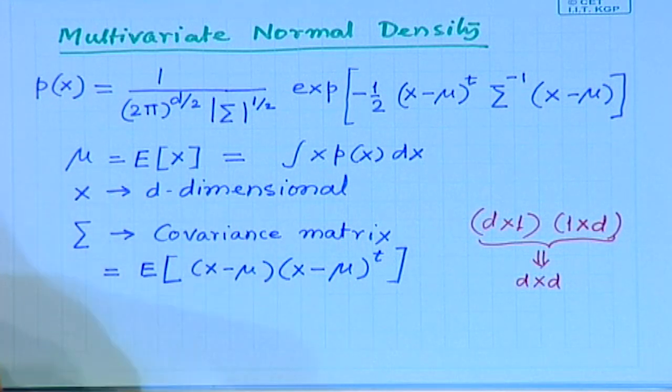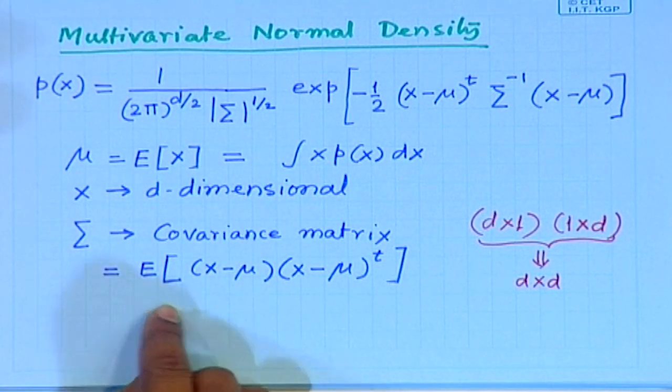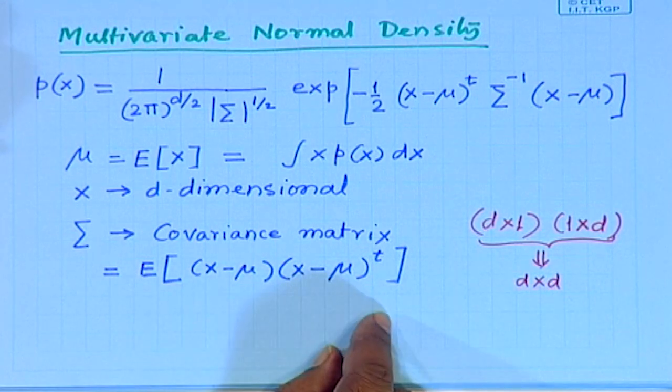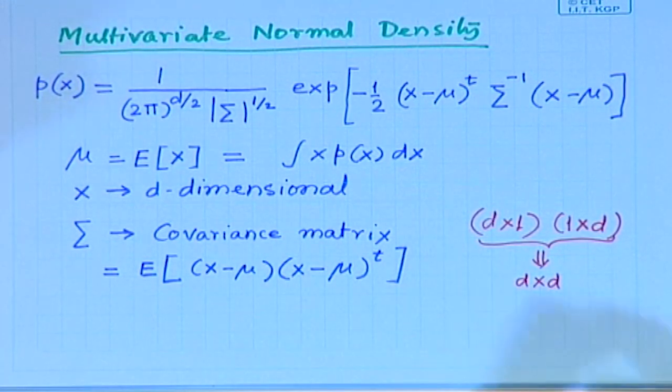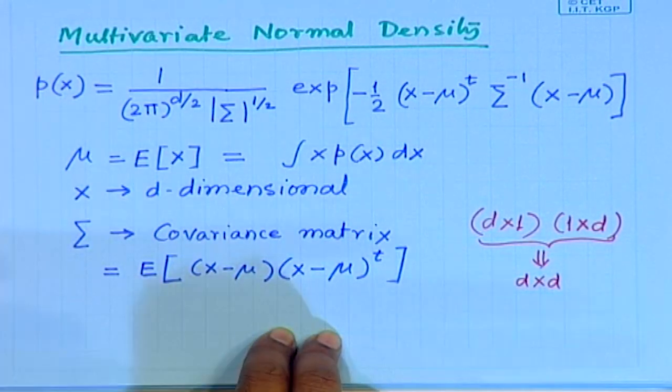So, when I take the expectation value of (x minus mu) into (x minus mu) transpose, I get a d by d dimensional matrix, and that is your covariance matrix.